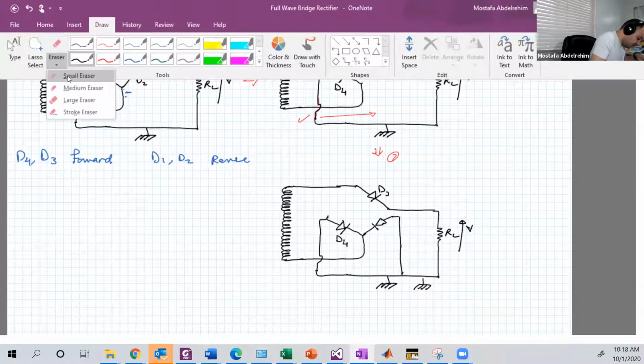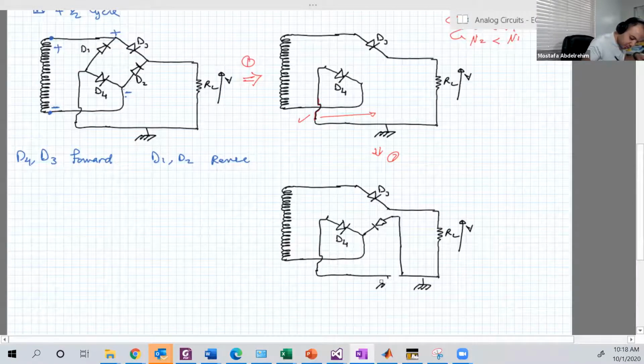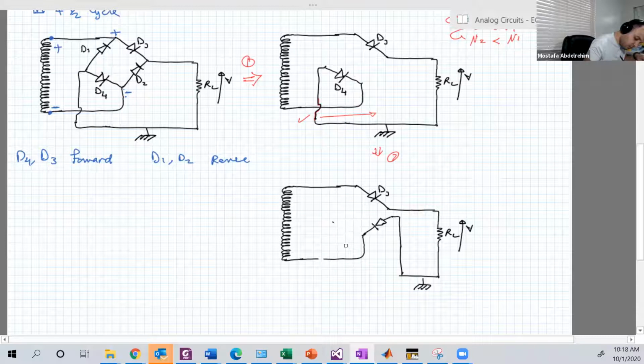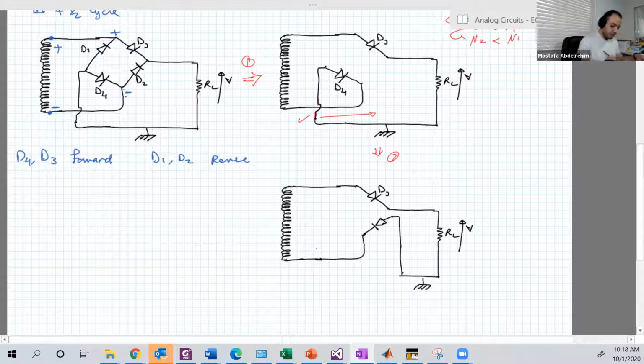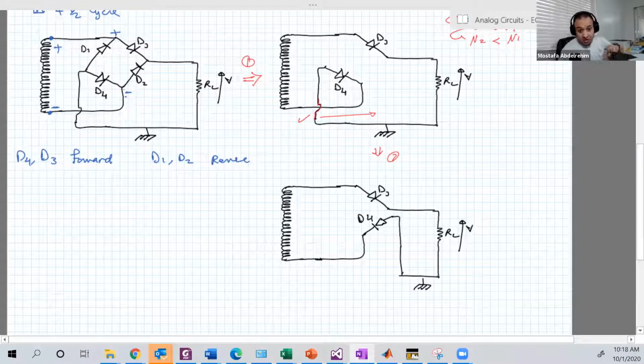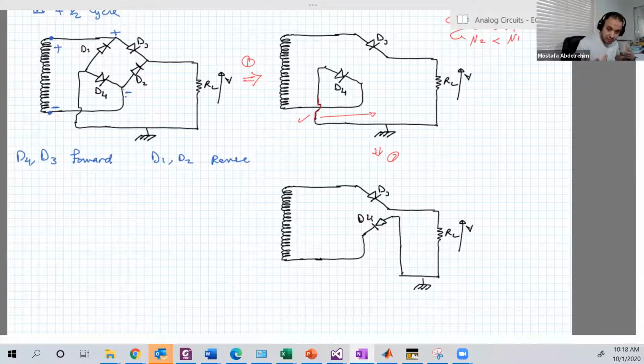Then you can remove the older position. If this is not clear, please let me know. This is an important step. I want to make the shape of the circuit something that you feel familiar with. That's my point. So there is a bridge. I just remove this bridge.